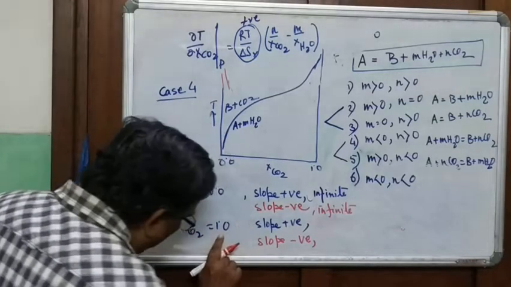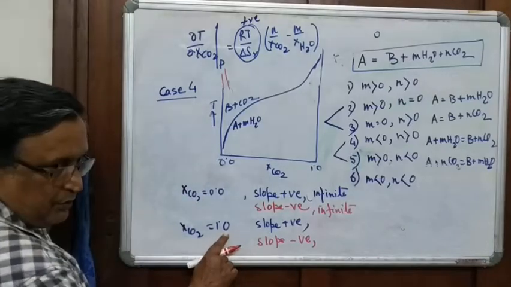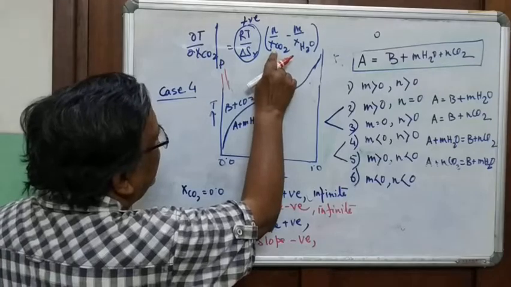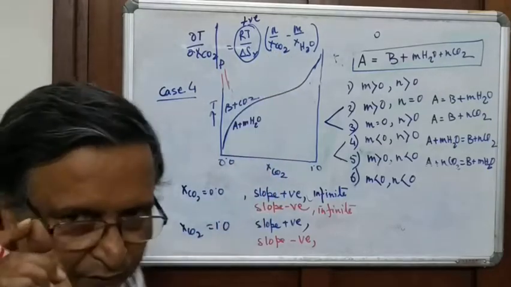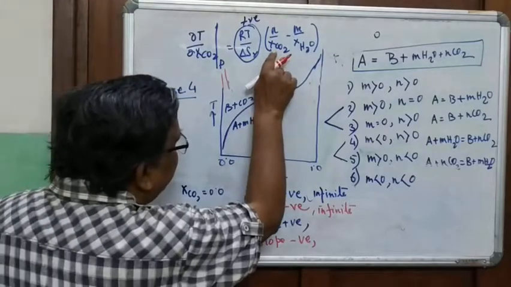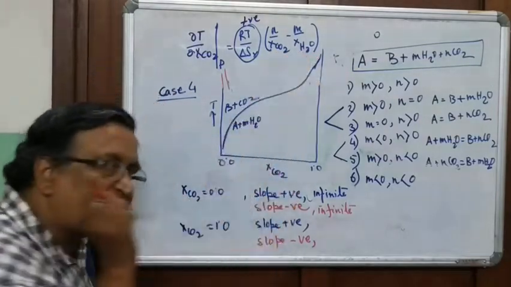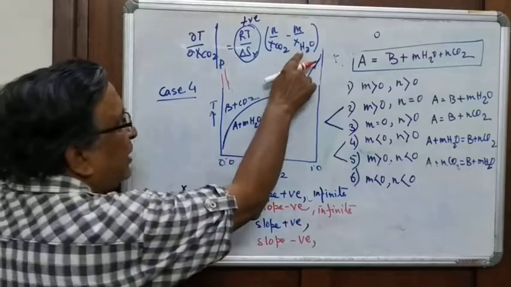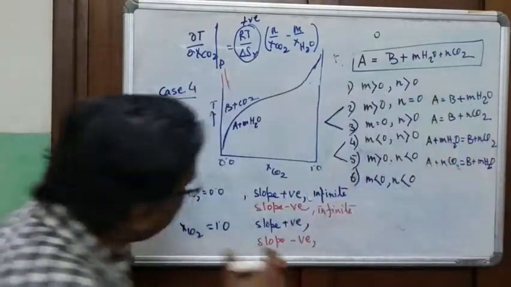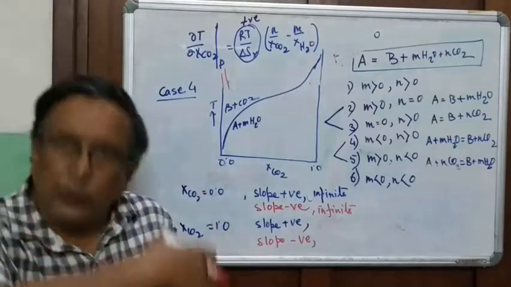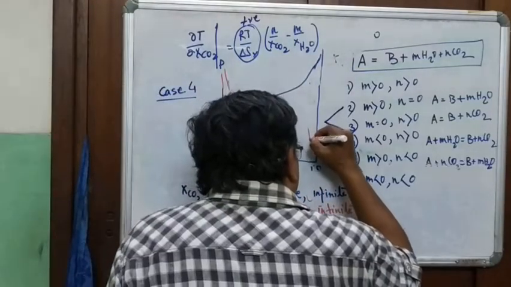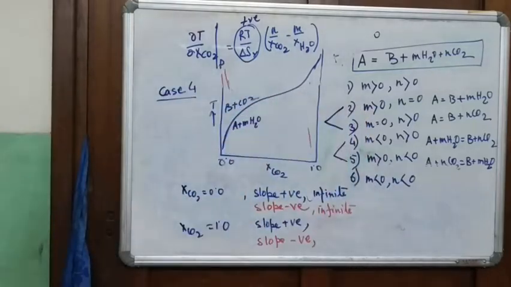And if we go to XCO2 equal to 1.0, this term will be a small finite value. But XH2O is 0, so this term would be infinite. So again you would have an infinite negative slope. That means at the XCO2 1.0 end, you will have a slope like this.